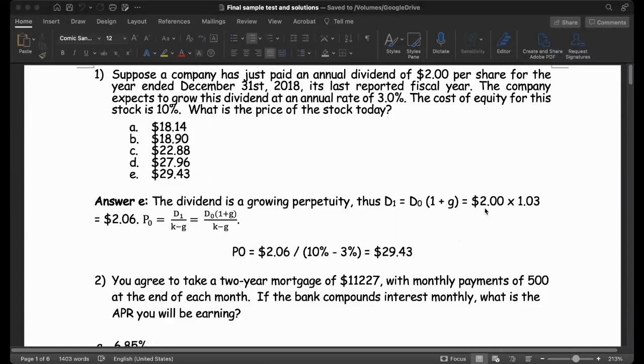So if D0 is 2, and 1 plus g is 1 plus 3%, D1 would be 2.06. We can divide this number by r or k, which is the cost of equity 10%, minus growth rate g 3%. We should get P0, the current stock price, as 29.43. So the right answer here is E.